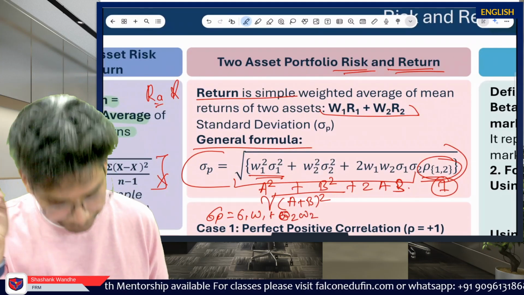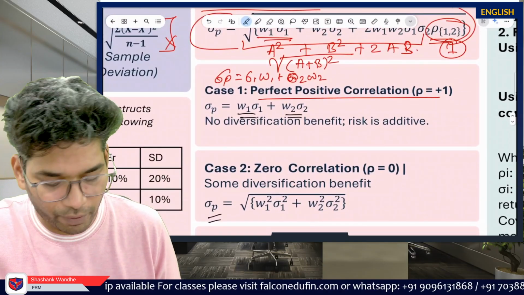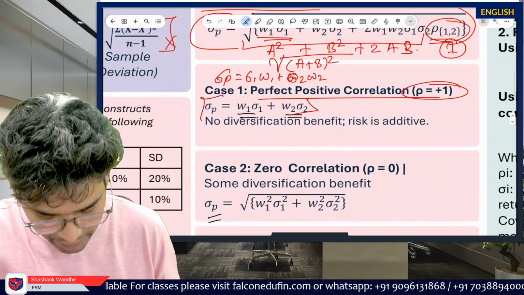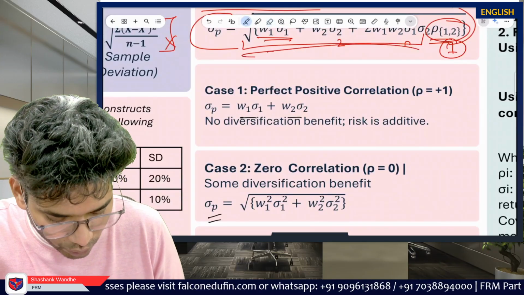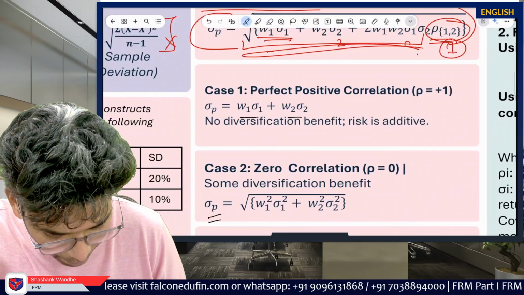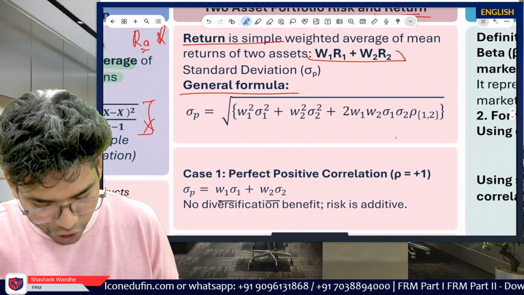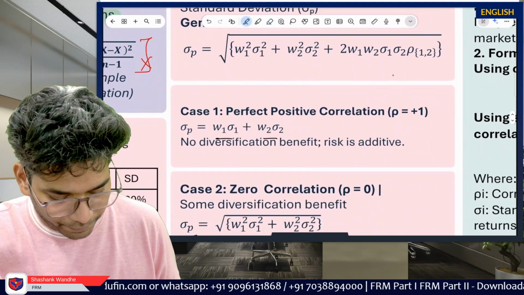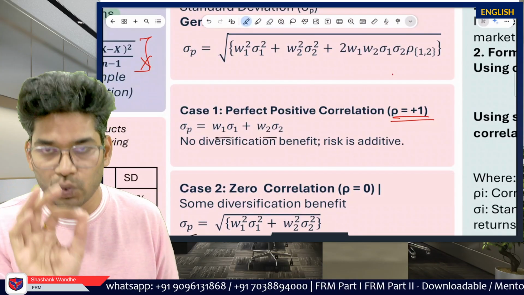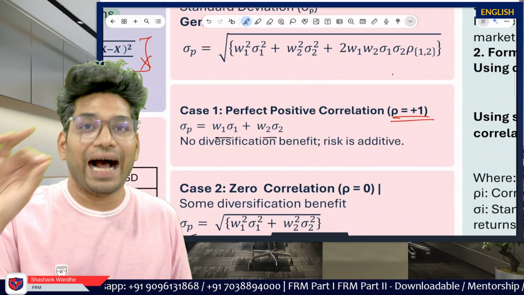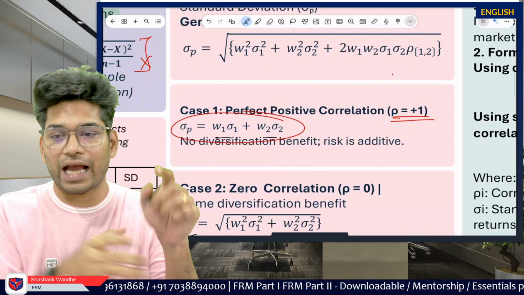Got it? Fine. Now see here, when there is a perfect positive correlation, you get this. But when the correlation between the two assets is less than a perfect positive correlation, it provides us the diversification benefit. Now remember, when you have the perfect positive correlation, +1, you will get the highest standard deviation for the portfolio because of this weighted average.